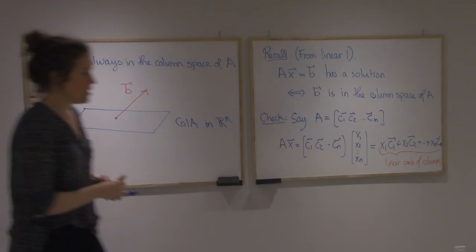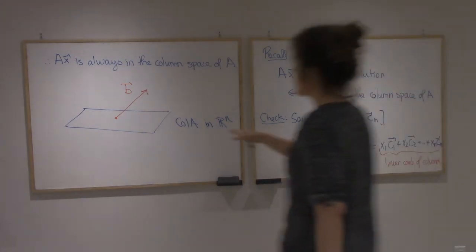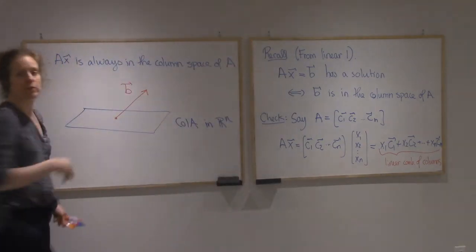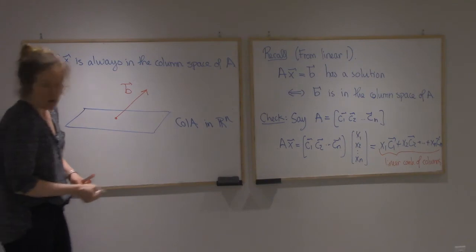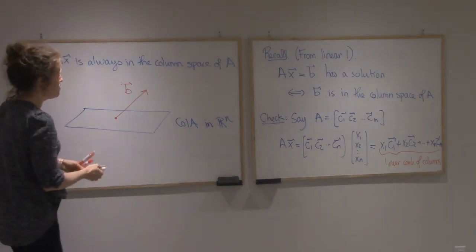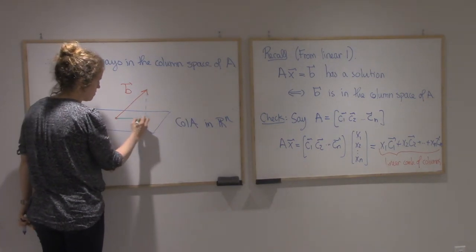Now, using the vectors Ax, I can get anything in this blue plane. I can hit anything using Ax. I want to come as close as possible to b. So what I'll do is I'll take the closest.